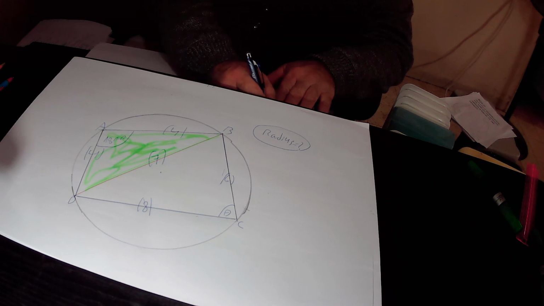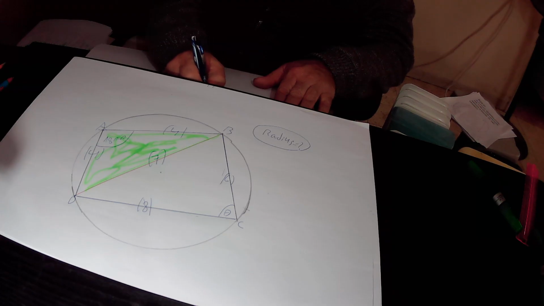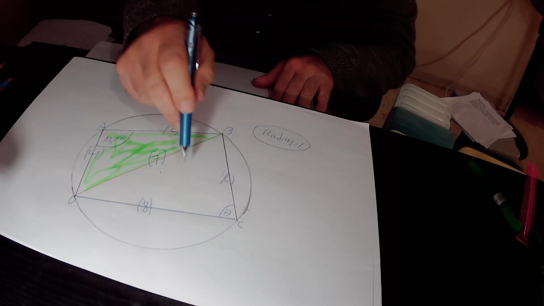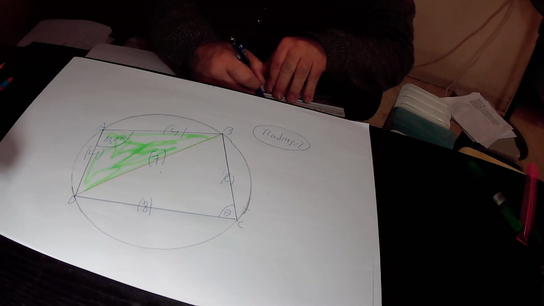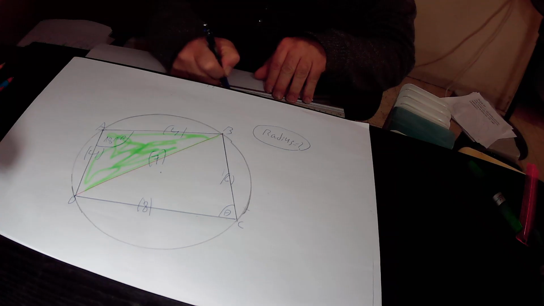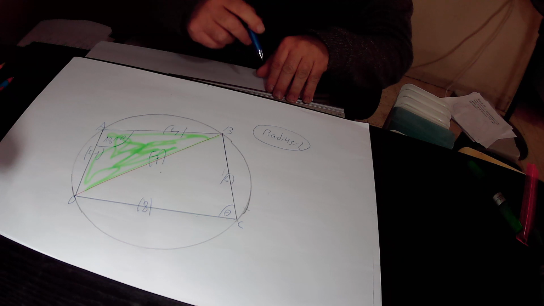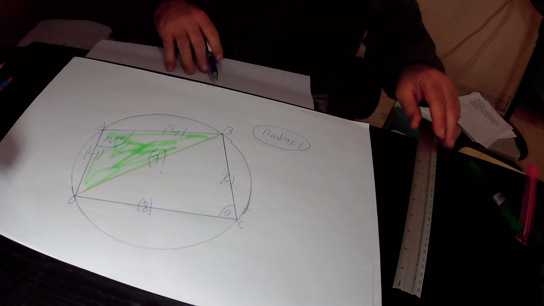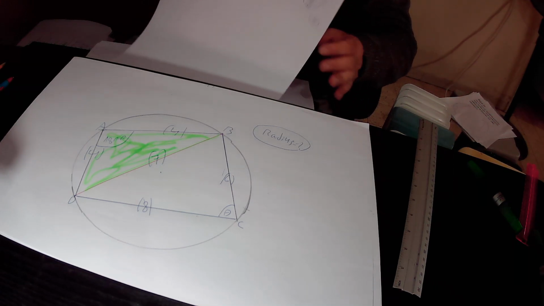According to the law of sines in its full version, in the right triangle BDC, the following equation is true: BD over sine theta equals 2R.